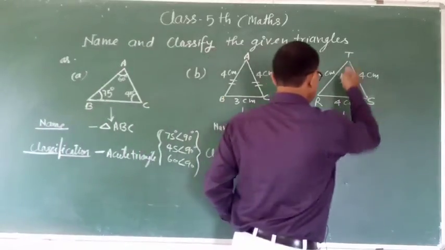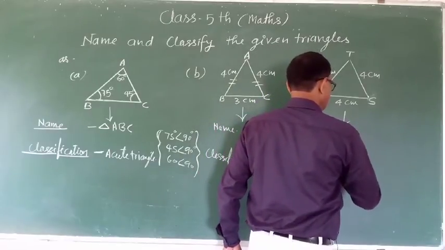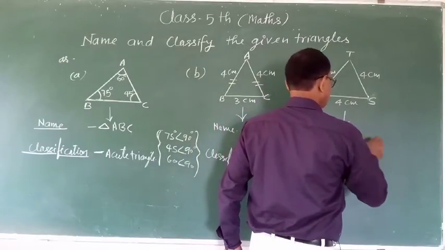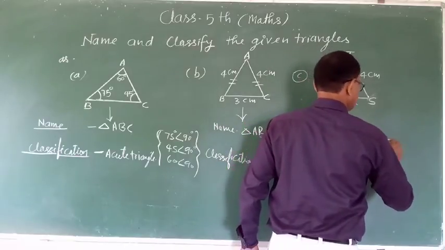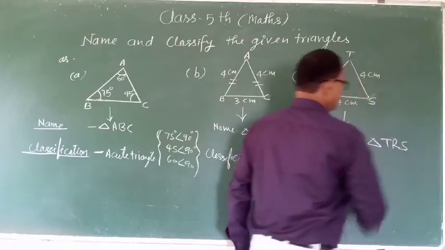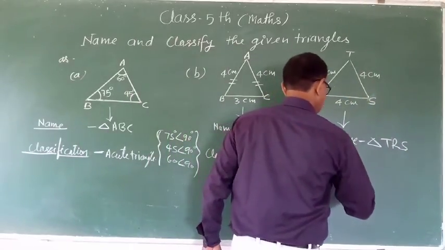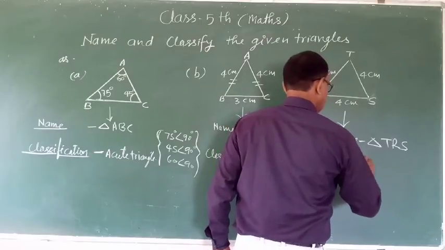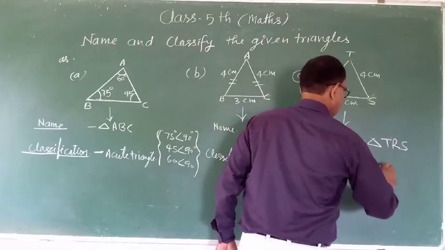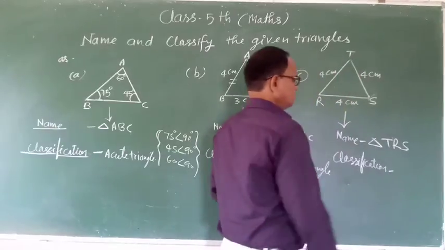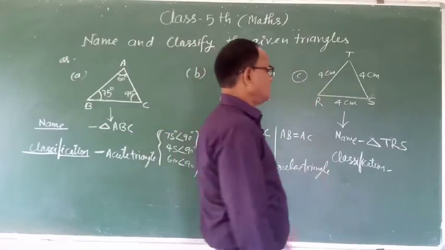Here, triangle TRS. Its name is TRS, and for its classification, during the classification we find all sides are equal.